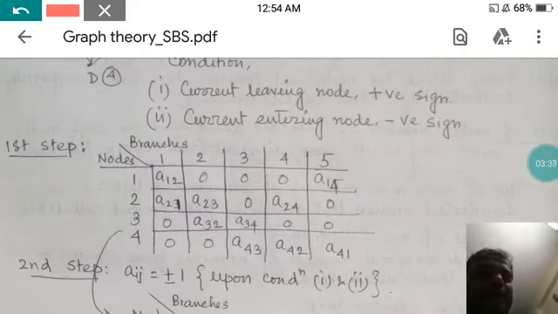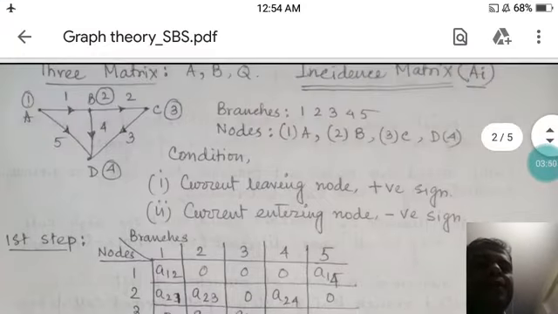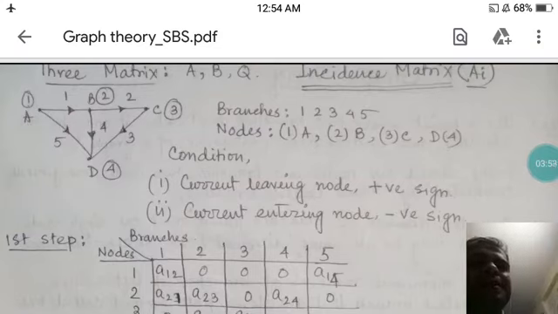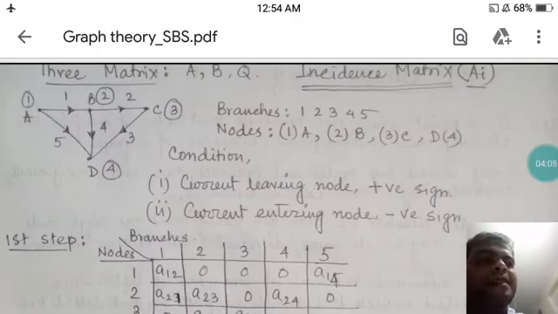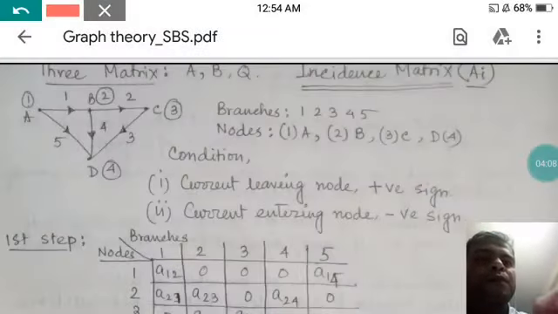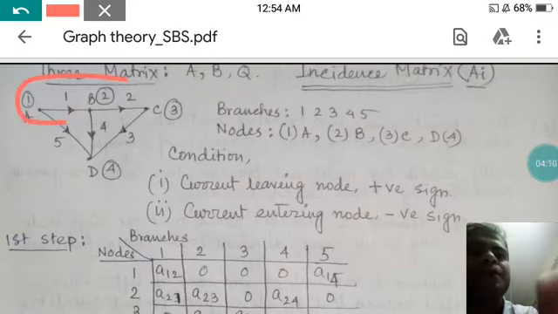Now the coefficients are taken. Node 1 to node 2, so the coefficient is A12. Observing from node 1, how many branches are directly connected? 1 is directly connected to 2 and 1 is directly connected to 4, with no other connections.